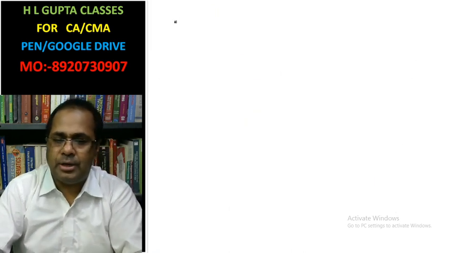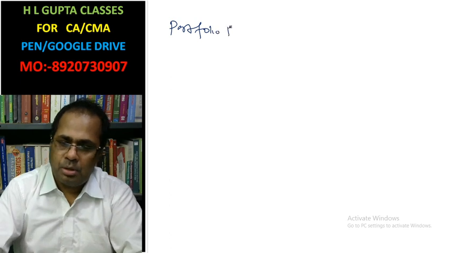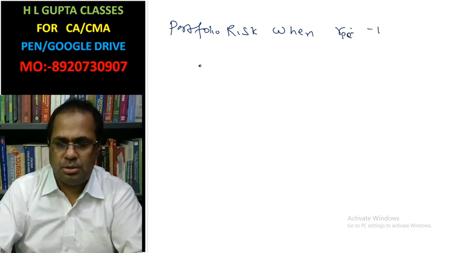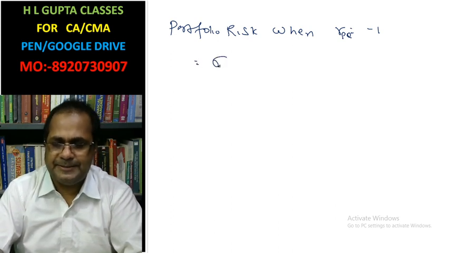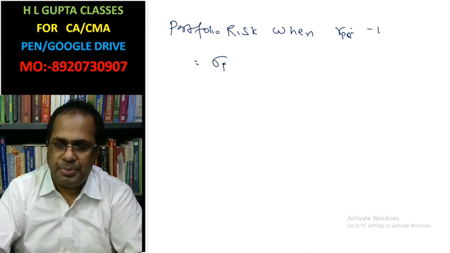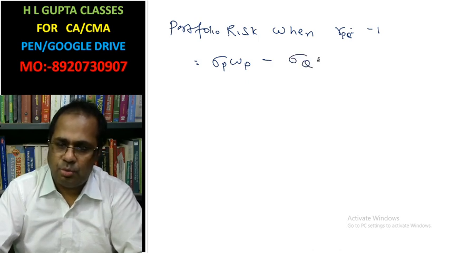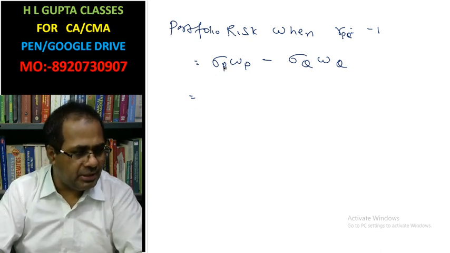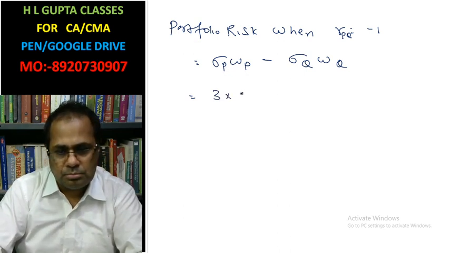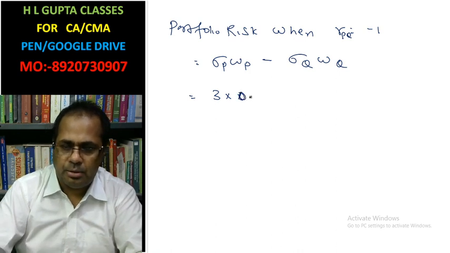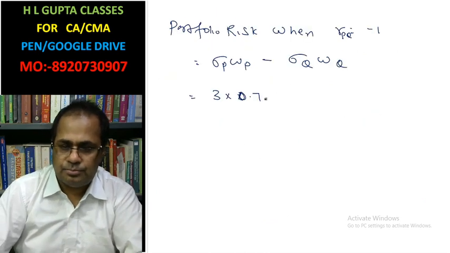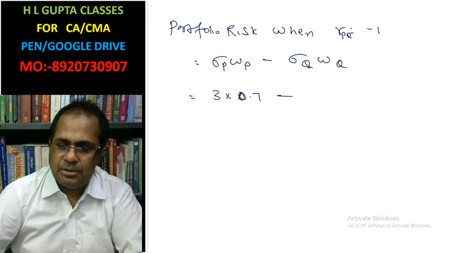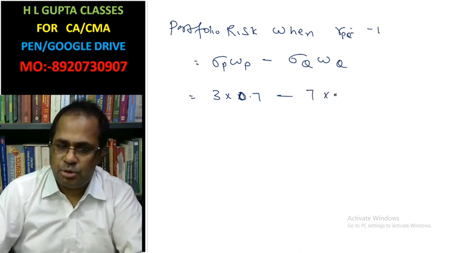This can be calculated. Portfolio risk when the coefficient of correlation PQ equals -1 is standard deviation P times weight P minus standard deviation Q times weight Q. The standard deviation of P is 3%, weight of P is 0.7, minus standard deviation of Q is 7%, weight of Q is 0.30.